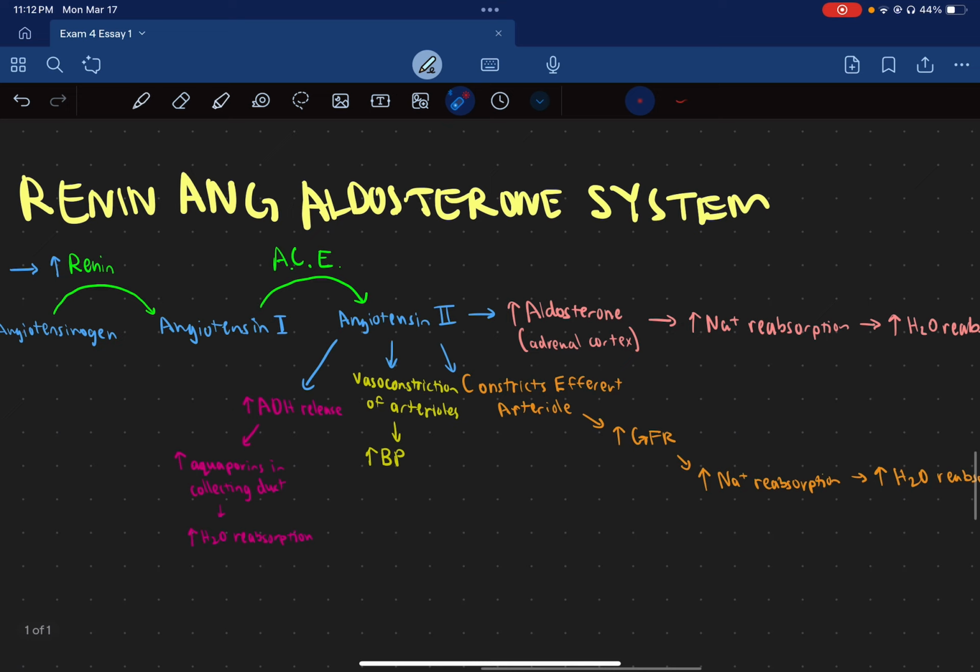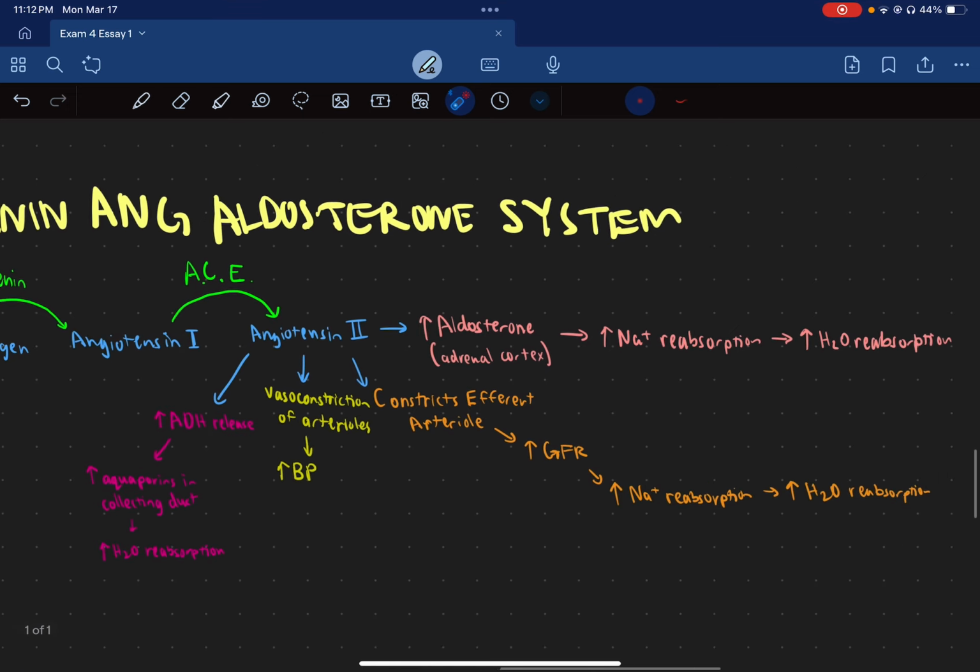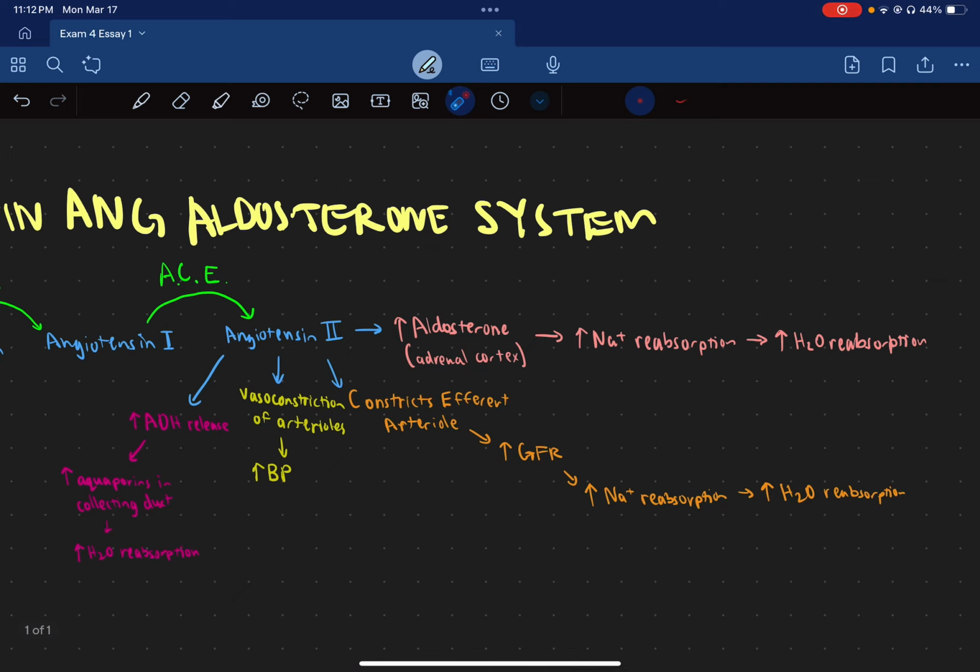And angiotensin 2 is going to have four main functions. One is increasing aldosterone. That comes from the adrenal glands on top of the kidneys. That's going to increase sodium reabsorption and also water reabsorption. So increase in angiotensin 2 means more water reabsorption, which means more yellow pee.